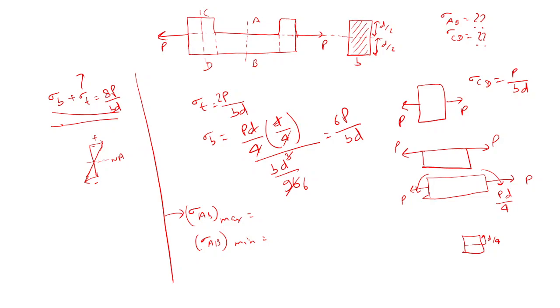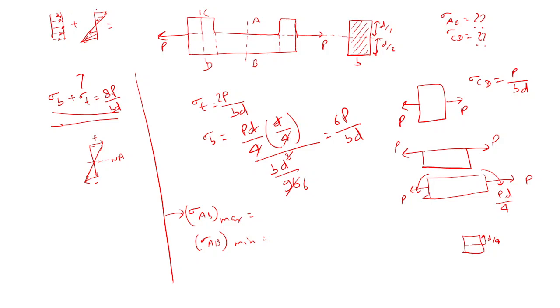What would be the variation: due to the direct stress, it would be like this, the same magnitude here, and plus the bending stress, and the resultant of that will be our answer.